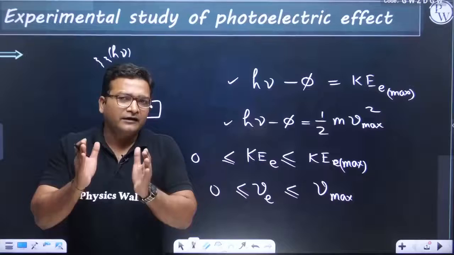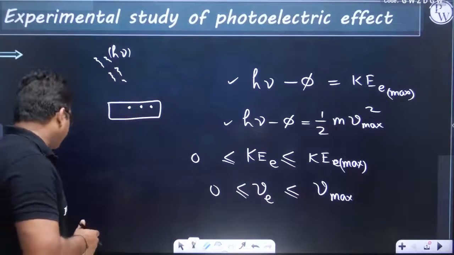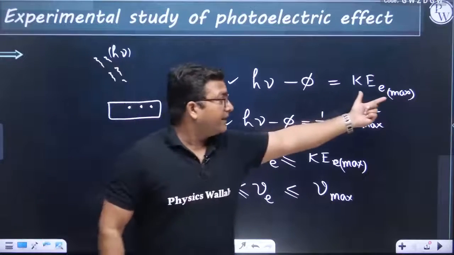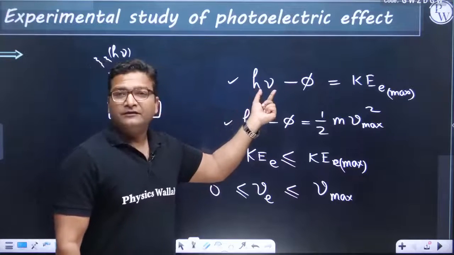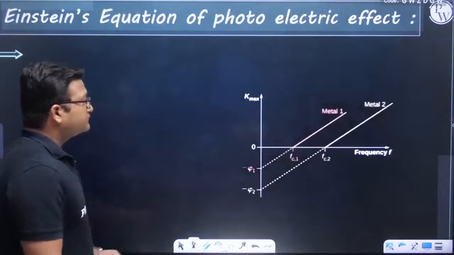So that is Einstein's energy equation, which gives us a relationship between the kinetic energy of the maximum energetic electron and the frequency of light photons.